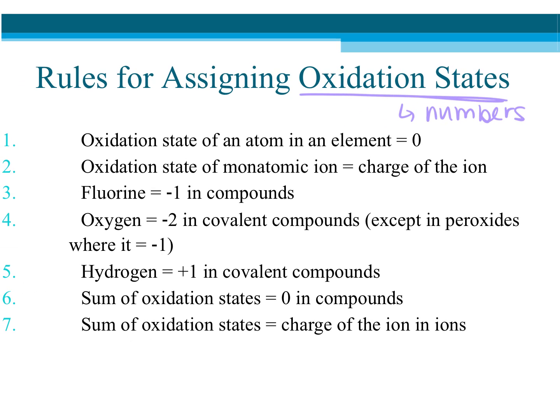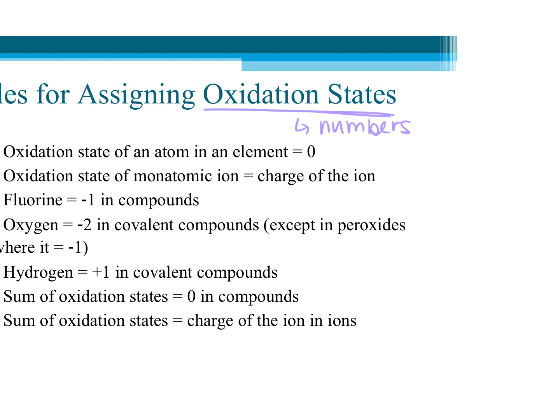Now, I want to give a definition of what is an oxidation number. An oxidation number is basically a pseudo charge. It's not a full charge, but it's almost a charge. You know what pseudo means?